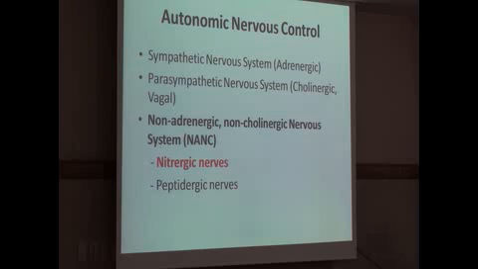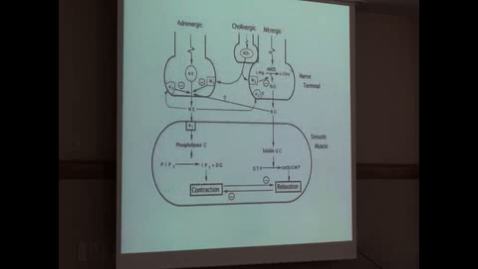That's right. So the ones that I will show you just one slide about are the nitrergic nerves, because we will spend a great deal of time talking about nitric oxide when we talk about the endothelium.